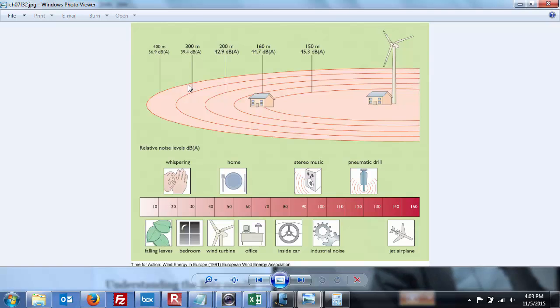A quiet bedroom is at 20 decibels, and just above that is a car driving past. So if you are 300 meters away from a wind farm, you're noisier than a quiet bedroom, but you're quieter than a car driving past at 50 miles an hour 100 meters away. So, living near the interstate, for example. Obviously, the further away you get from the turbine, the less noise.